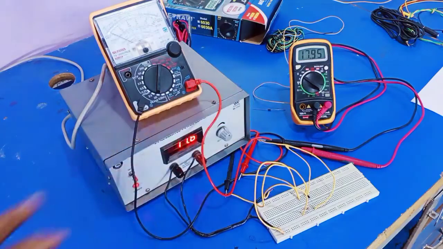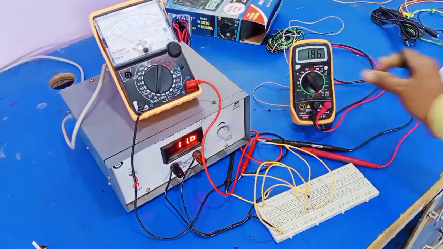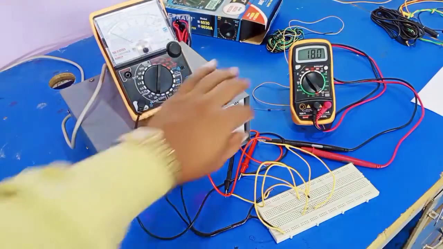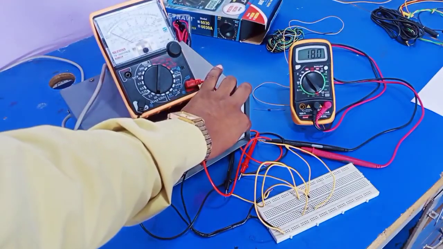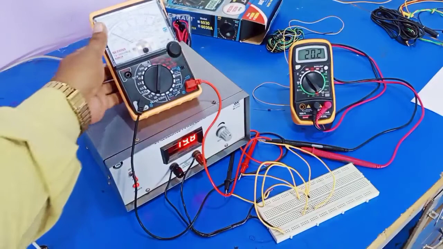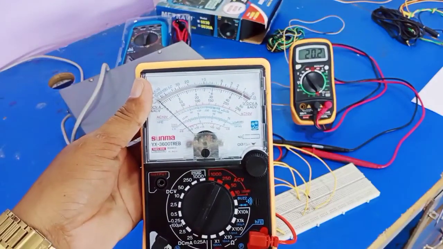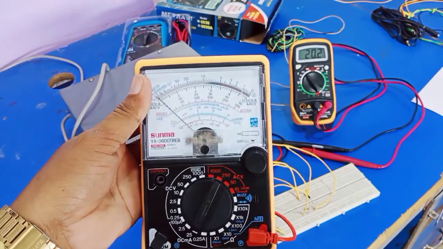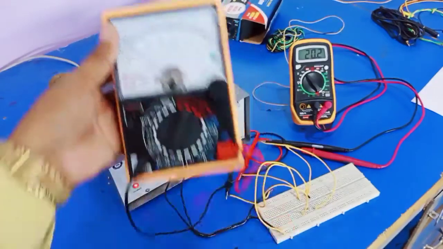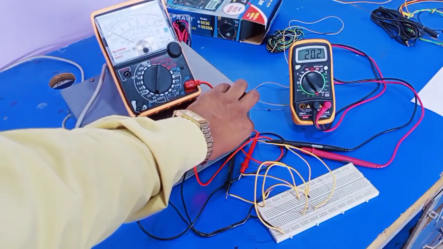Sorry, the range exceeded, so the reading cannot show. Even at 20 volt, there is no current in reverse condition.